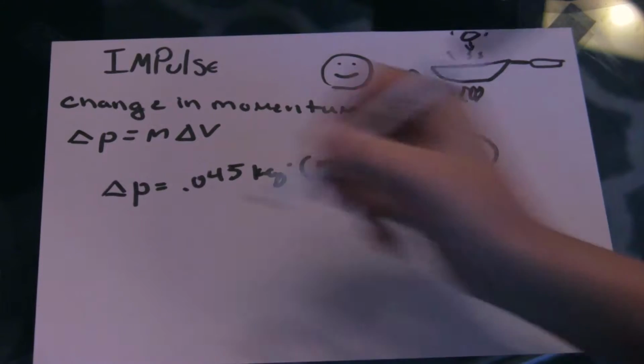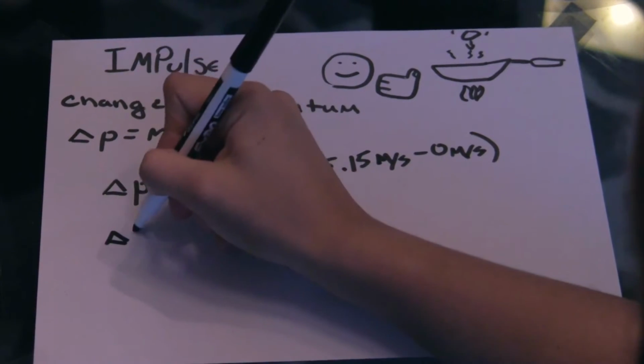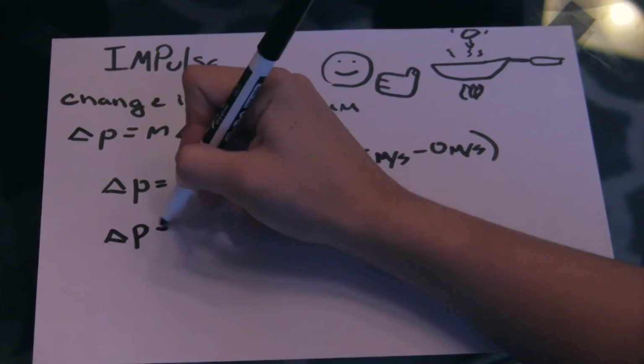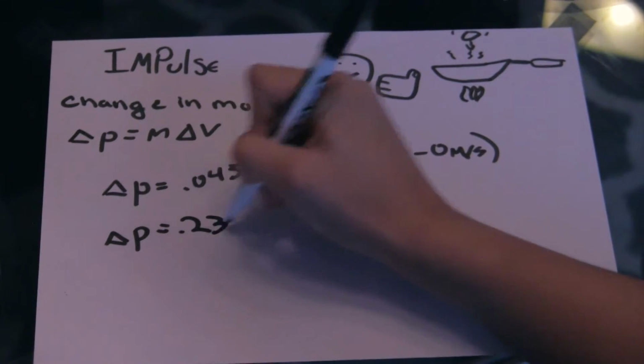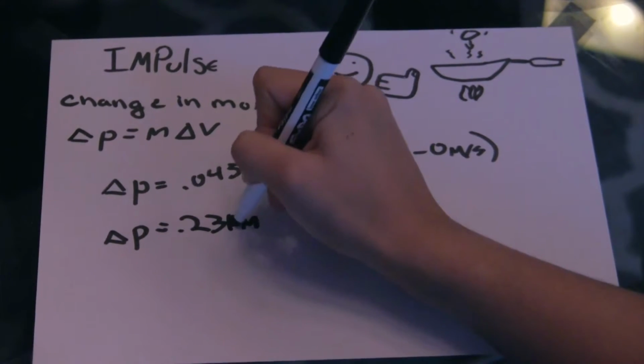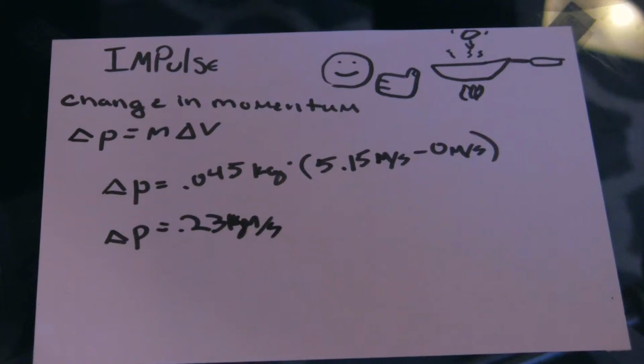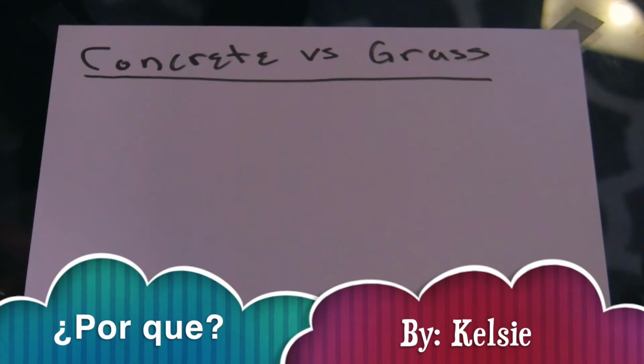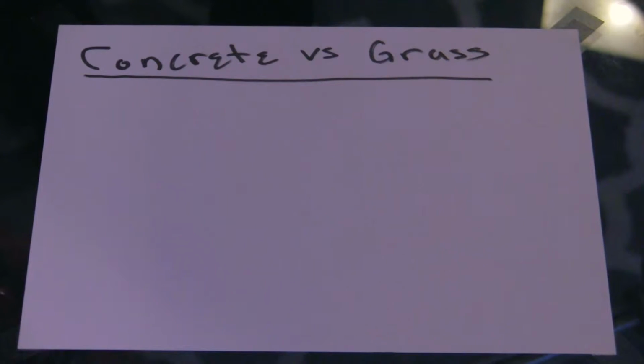Leading us to the final answer of 0.23 kilograms per meter per second. And there you go, impulse. Easy as that.